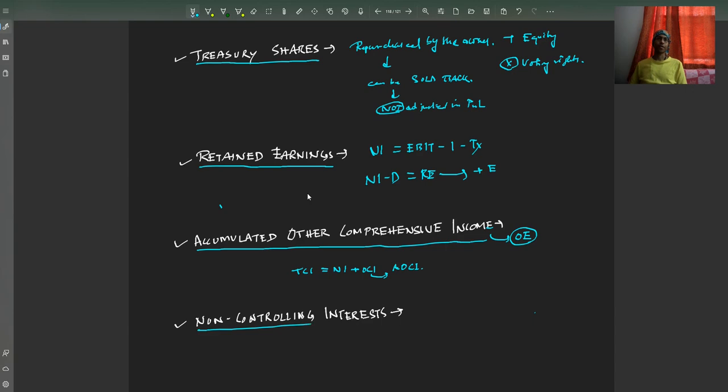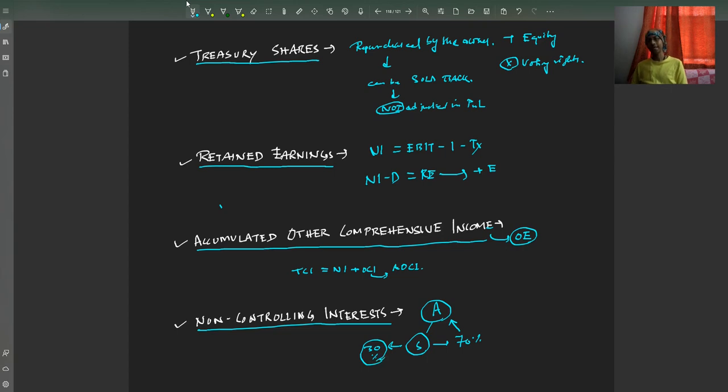Non-controlling interests. Let's say a company A has a subsidiary S, and it is a subsidiary, but it does not control entire 100% of it. It owns 70% of it, right? And the other 30%, there are other owners for that.